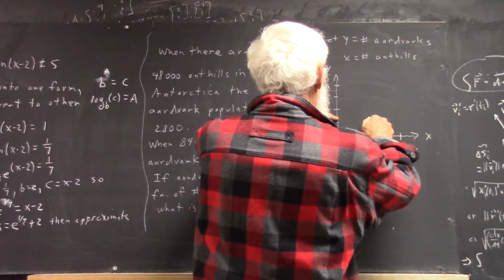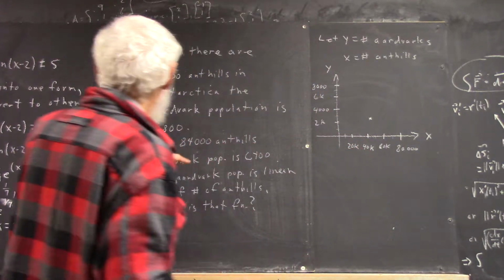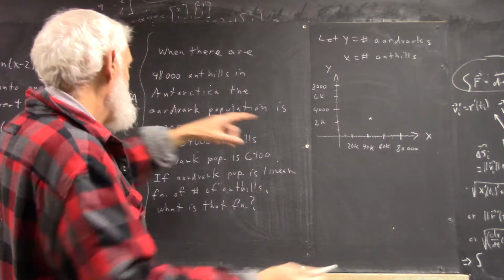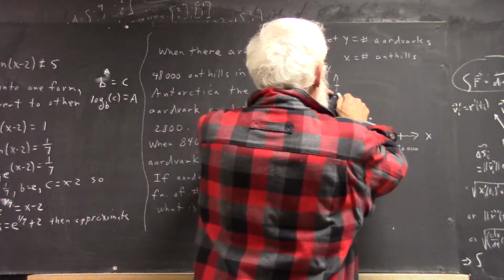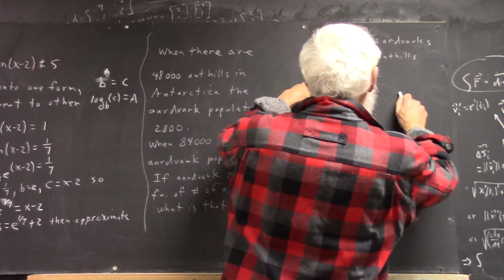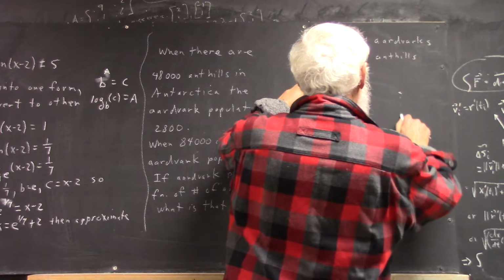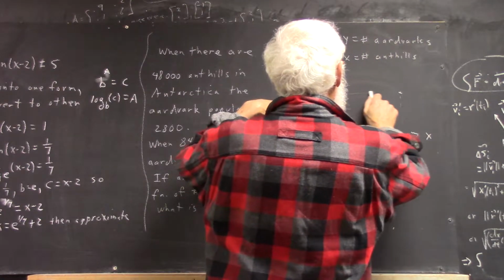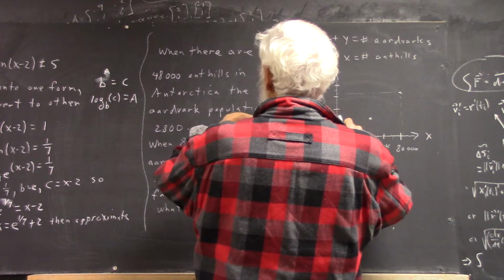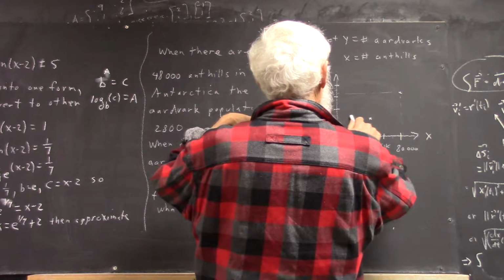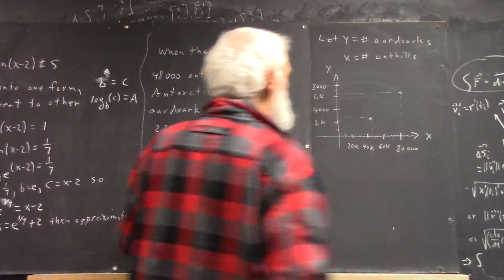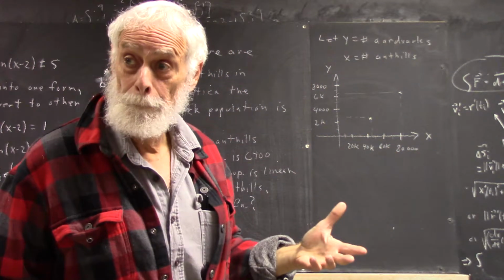So now 48,000 is here, and 2,800 would be about here, so that would give me a point about here. Okay, then 84,000, a little to the right of 80,000, 6,400 would be about here, so okay, there are 2 points, right?